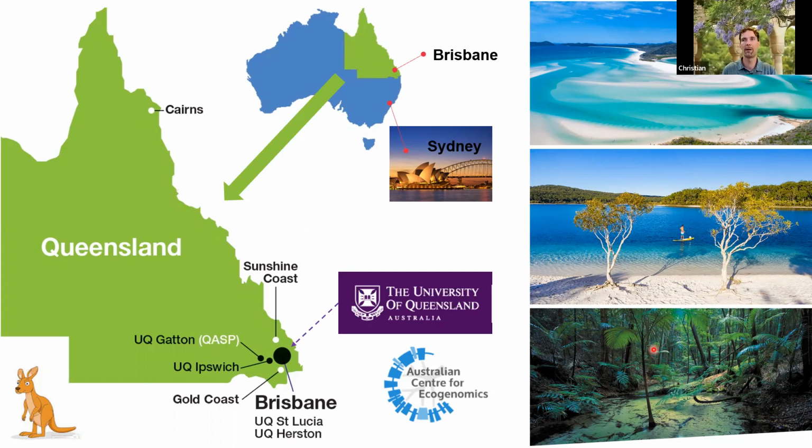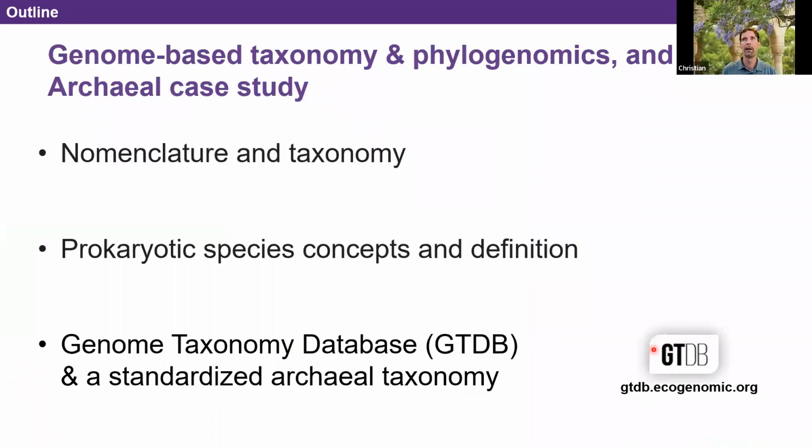But now back to the topic at hand today: a genome-based taxonomy, phylogenomics, and an archaeal case study. What I would like to do today is first a deep dive, not too deep, into nomenclature and taxonomy, to dissect those two terms so we have a clear understanding of what they mean and what the difference is.